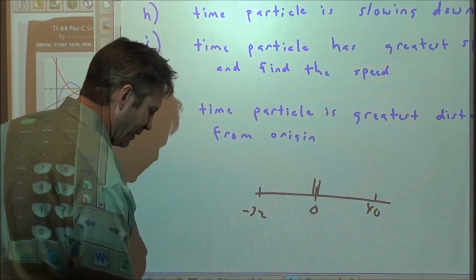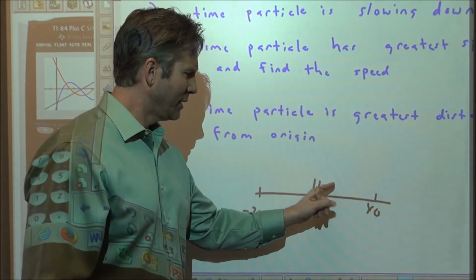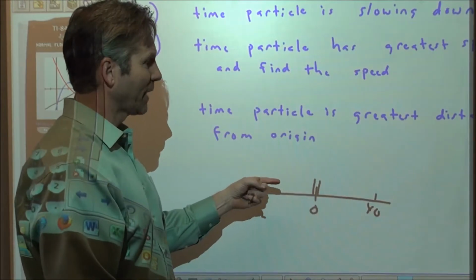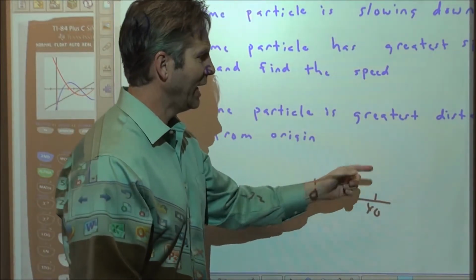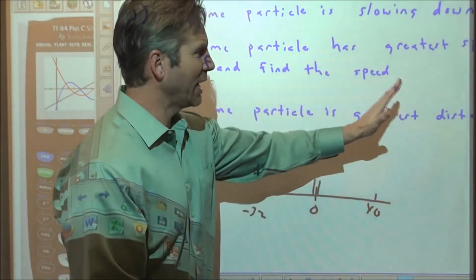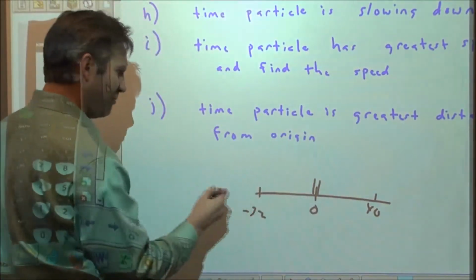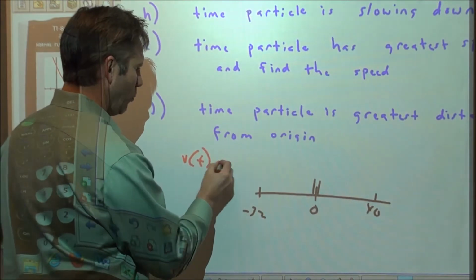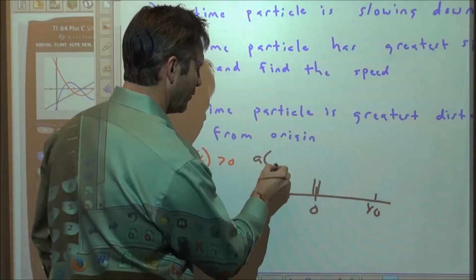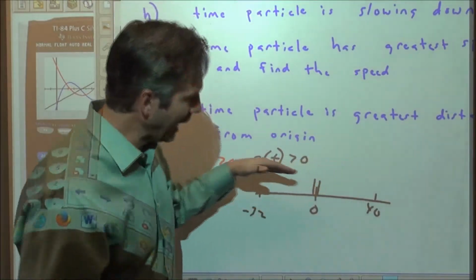If the bug is heading to the right, and the acceleration is positive, then it's speeding up. Its velocity is going more positive and it's heading to the right. So if the velocity is greater than zero and the acceleration is also greater than zero, then the bug is heading to the right and it's speeding up.